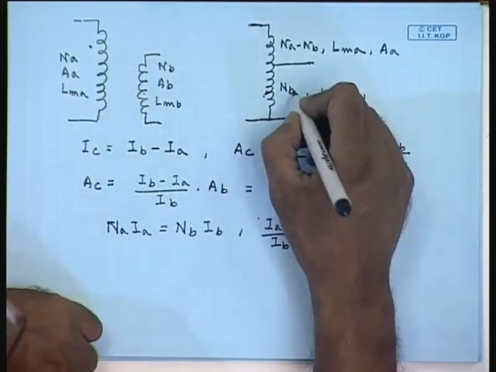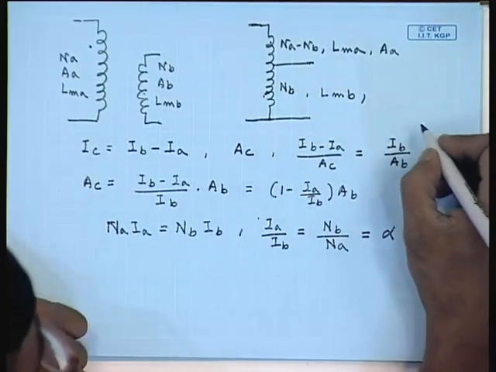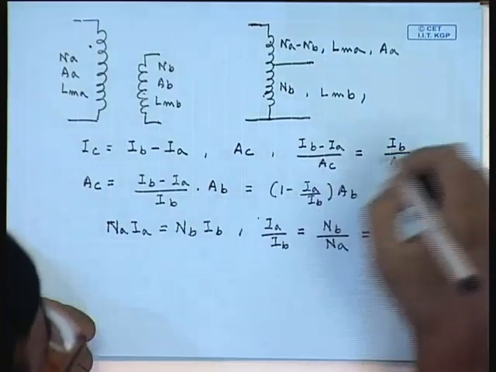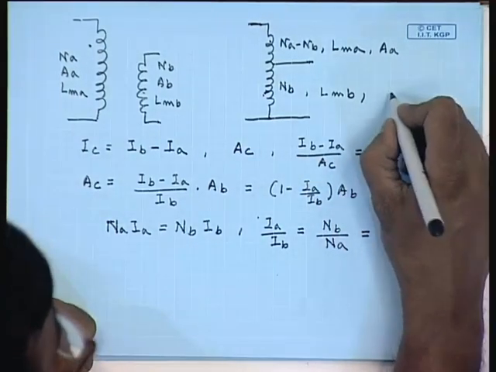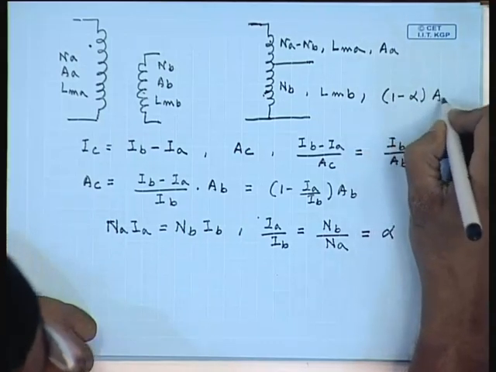Therefore, the cross sectional area of the lower part of the auto transformer will be (1 minus alpha) into AB.